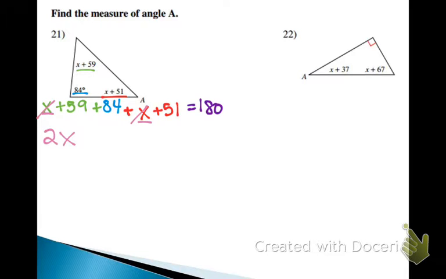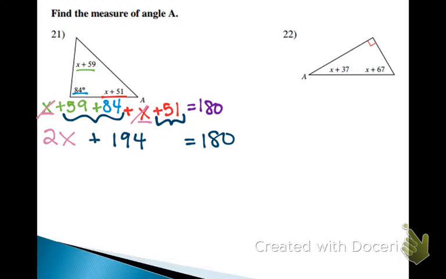Then I add up all of my numbers: 59, 84, and 51. I believe it's 194. Yes. We agree? Yes. That's good. My brain still works.